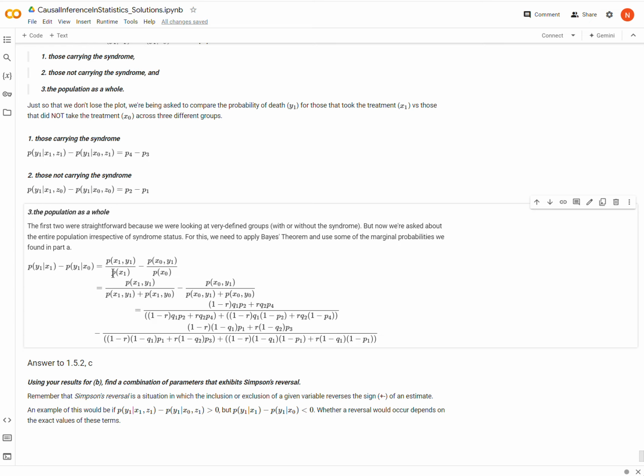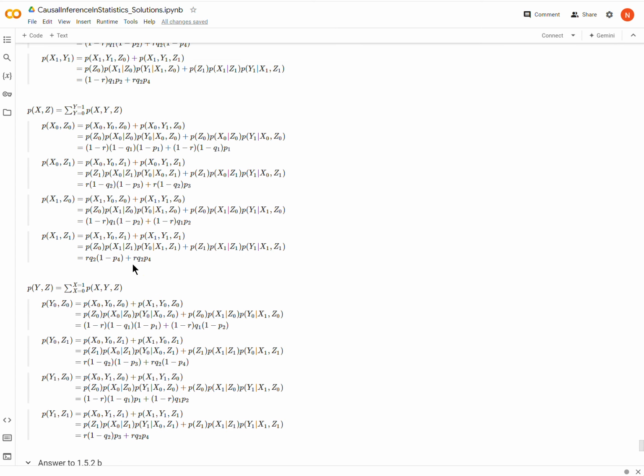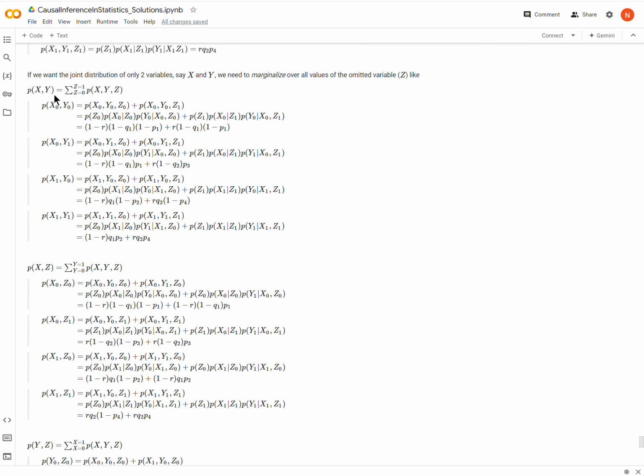And then for the denominators here, x1 and x0, well, this is the joint probability distributions where we have to marginalize over y, right? So we actually already have xy.